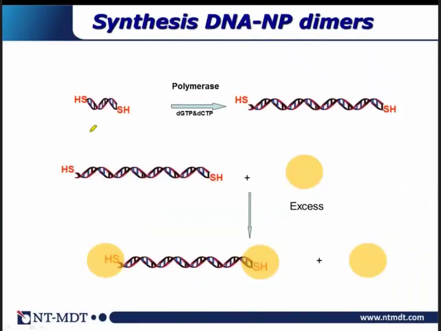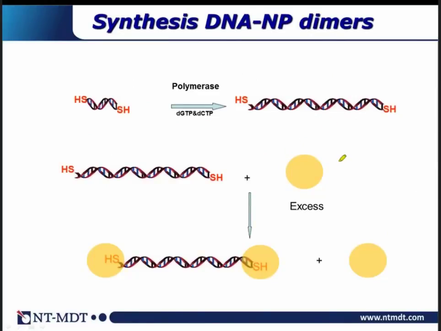So now we use again the same strategy, but here we have 2 SH groups which are added to opposite ends because we want to connect particles to opposite ends. And again, polymerase, GDP, CDP, extending the molecule and mixing them.